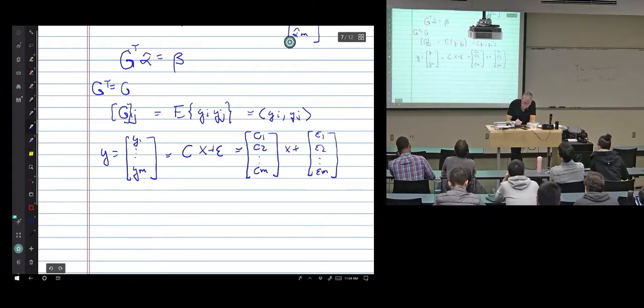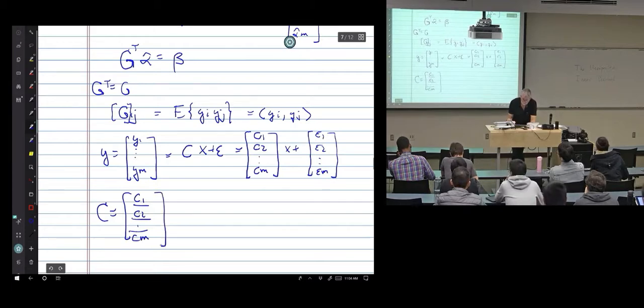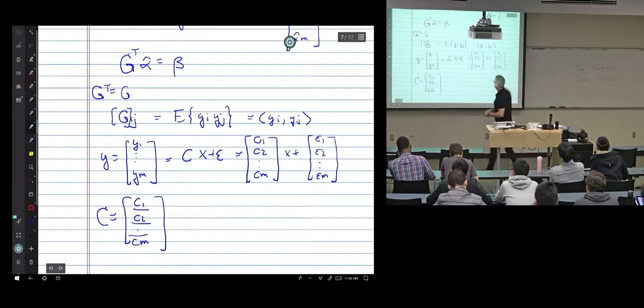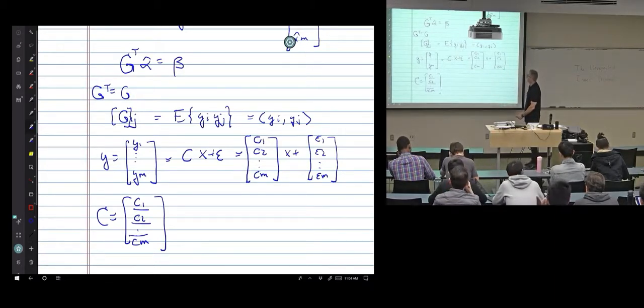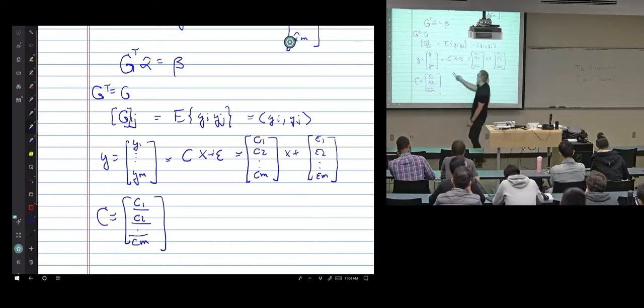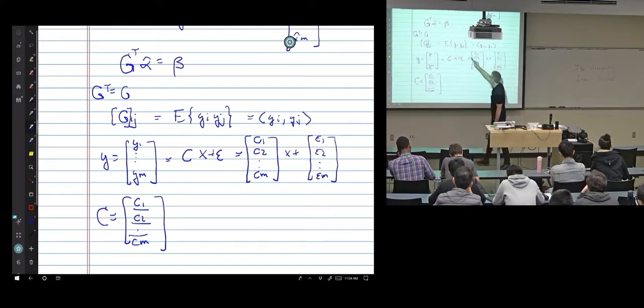So all I did was decompose C into its rows. Okay, so let me let you catch up. So yi is just the ith row of C times the x's plus epsilon i, and then yj is the jth row of that.